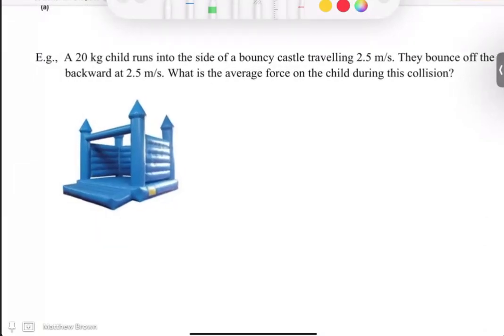I would define some direction as positive. Let's suppose we have our child. Here's our happy child right there. They've got a bouncy castle, they're real happy, and they're running into the wall of the bouncy castle, going with some v1 equals 2.5 meters per second.